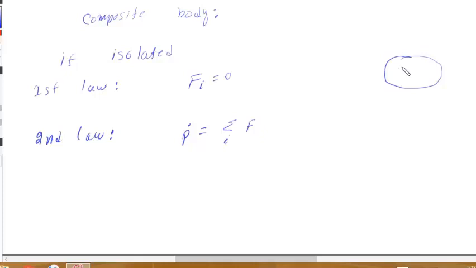There are so many particles, so it is the sum of all the external forces, and the mass is the sum of their small masses m1, m2, and so on. So it applies to the body as a whole and also to the point particles.